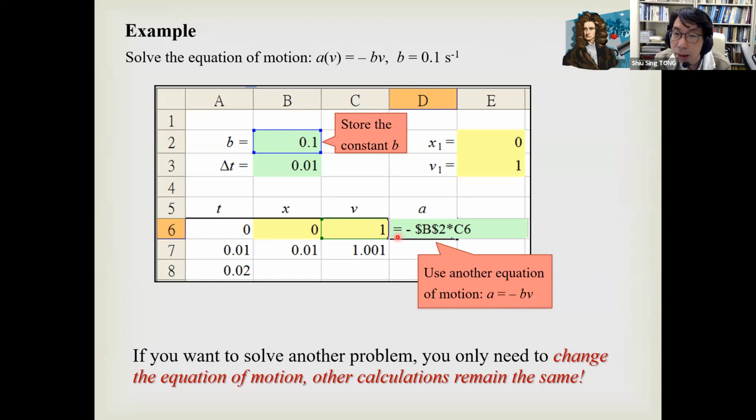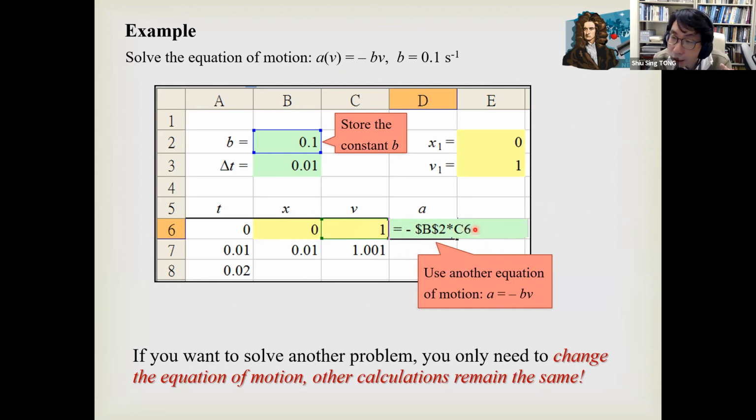Well, it's easy. I refer to this formula by typing the equal sign, meaning that I want to do a calculation. The minus b is a constant, so I always refer to this cell, $B$2. And v is the velocity at this time interval, okay? The acceleration is proportional to the velocity and is in opposite direction to the velocity in this time interval. So I refer to the velocity in this time interval, which is C6, okay?